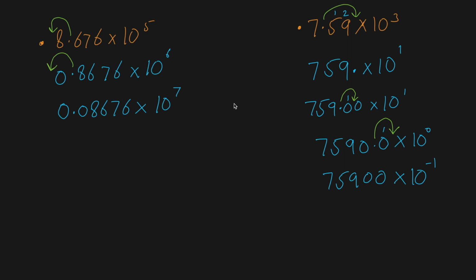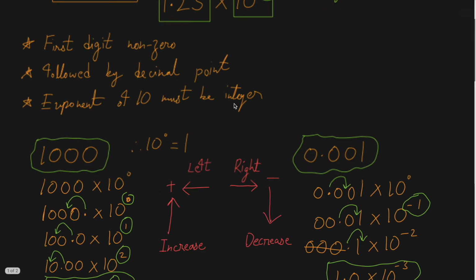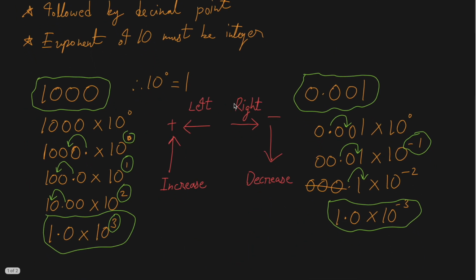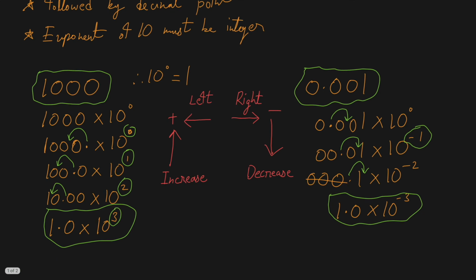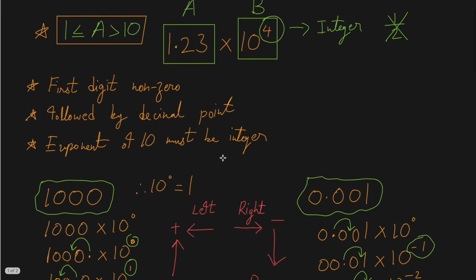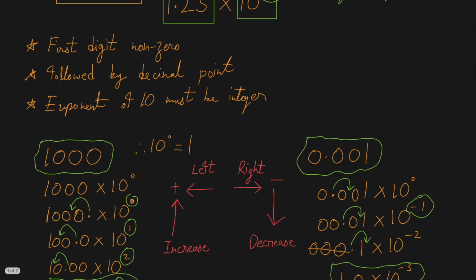Why for your own needs? We will find out in the next video, part 4, while doing the arithmetic operations for calculating scientific notations. So I hope this video is informative to you.